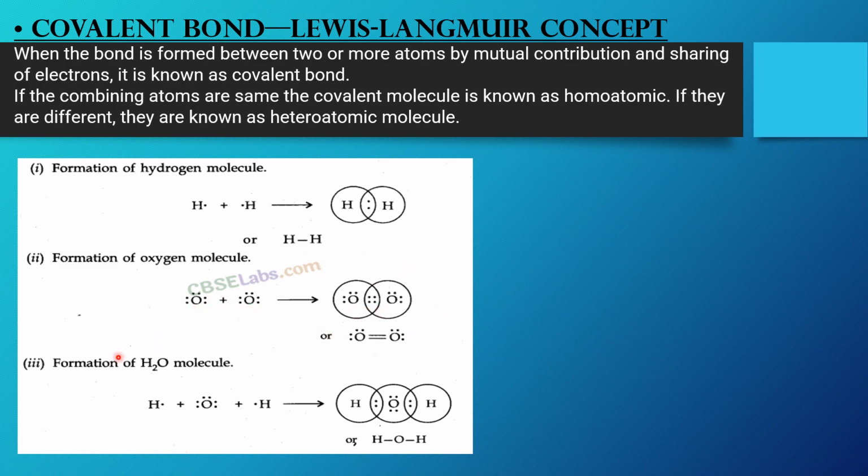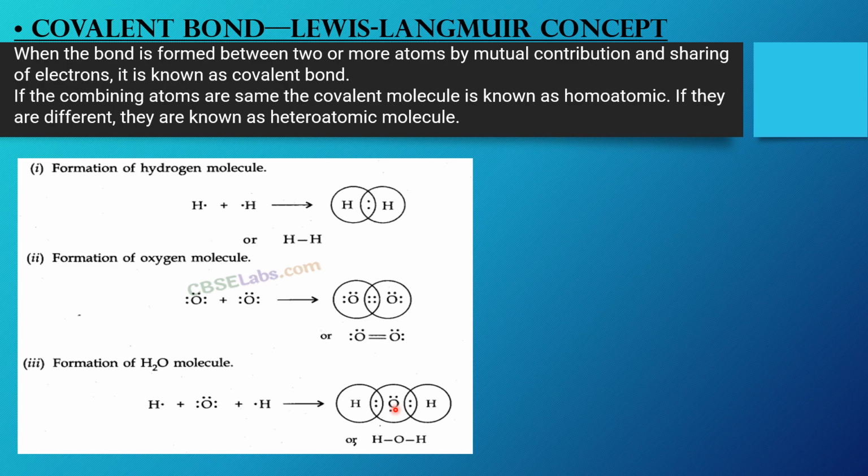Formation of the H2O molecule. Here H2 means 2 H atoms and one O atom. There is one outermost electron in each hydrogen and 6 electrons in the outermost shell of the oxygen atom. What happens?